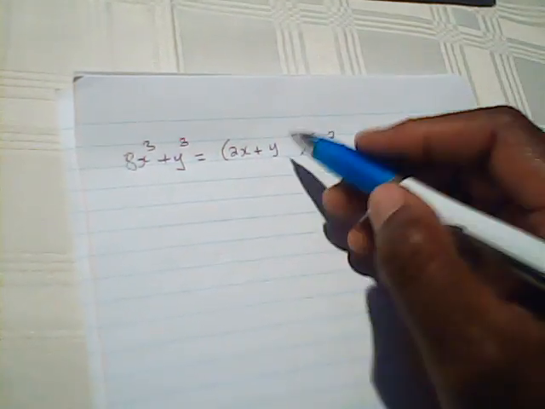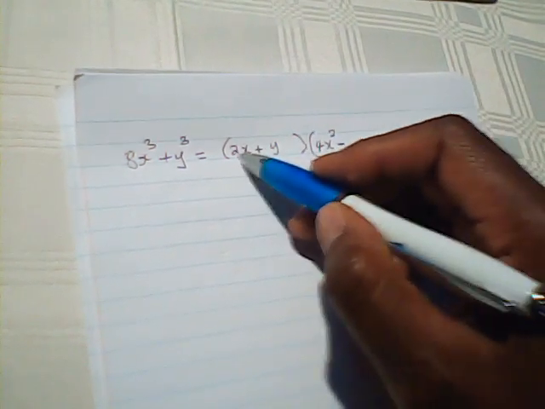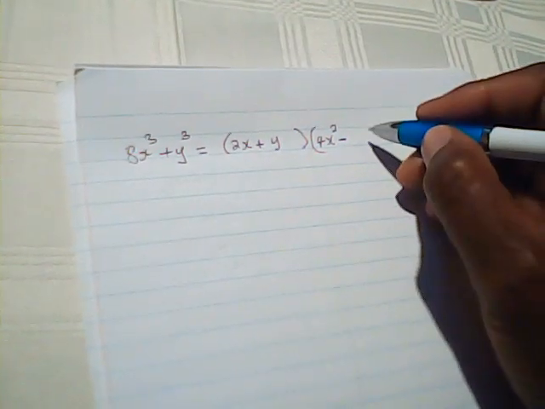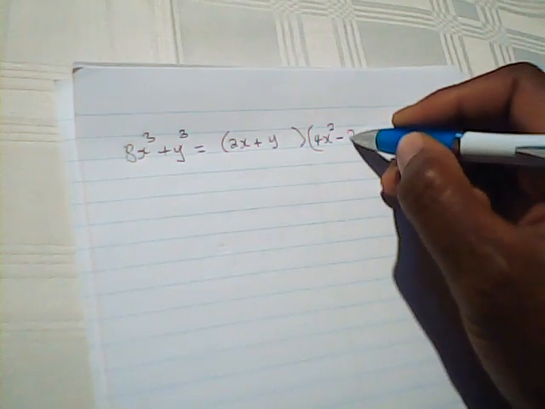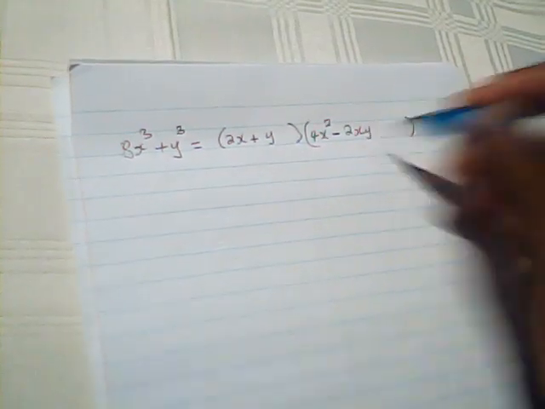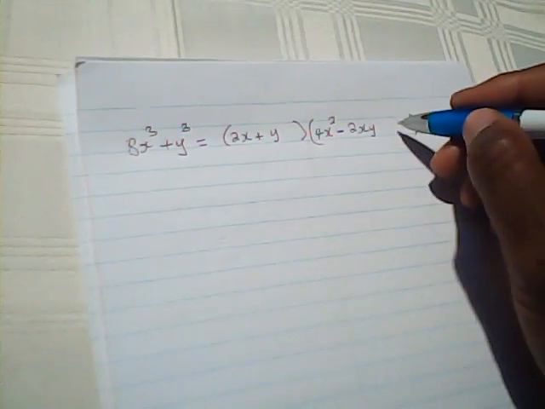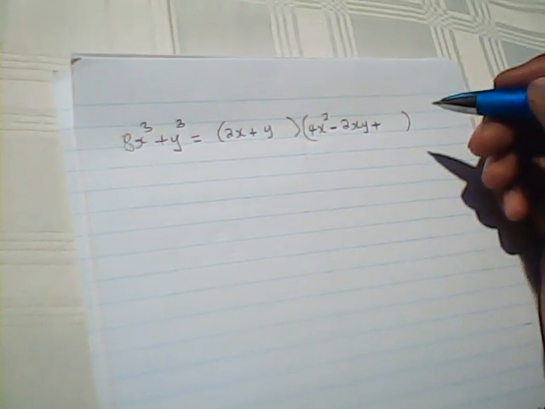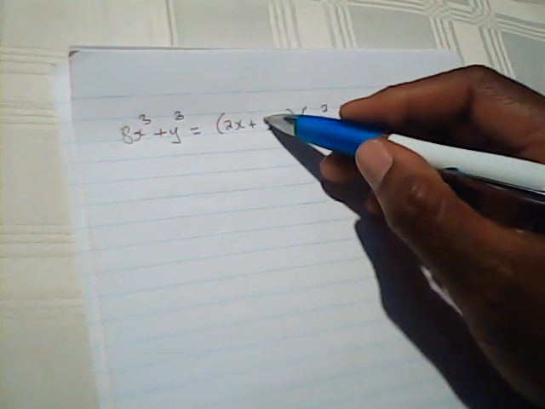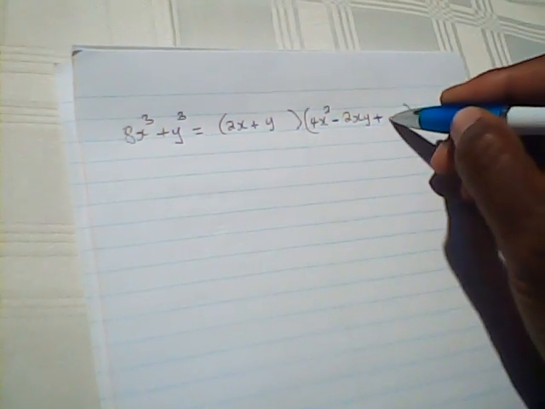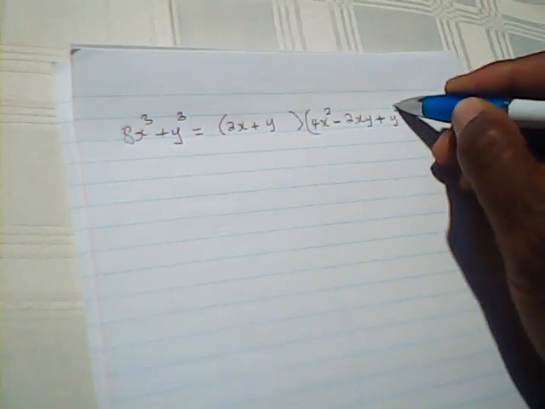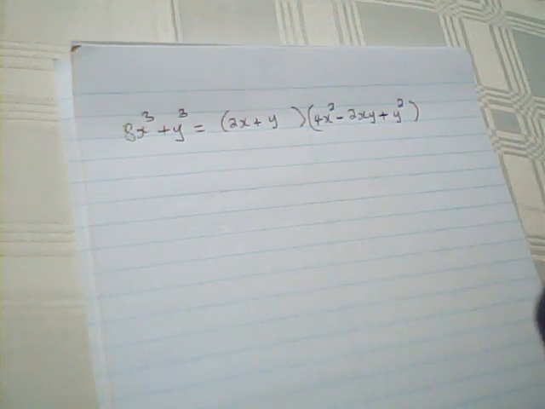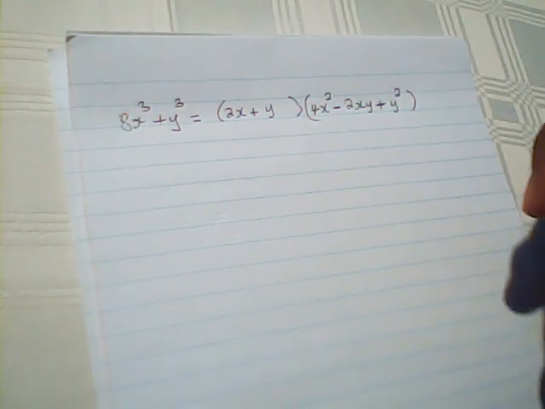And then you multiply these two terms, we are going to get 2xy. Then for the last term, it must have a positive every time. And then when you square y, you get y squared. That's what we said in the last video.